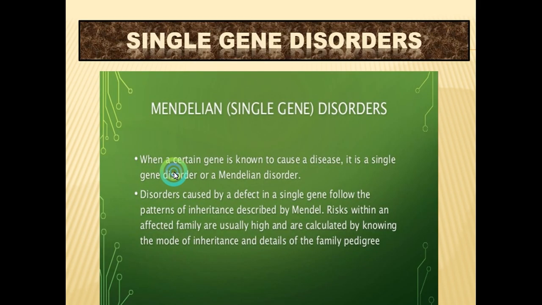Now we come to the next type of disorders, which are called single gene disorders. These are the traditional disorders. When a certain gene is known to cause a disease, it is called a single gene disorder or Mendelian disorder. Disorders caused by a defect in a single gene follow the pattern of inheritance described by Mendel.